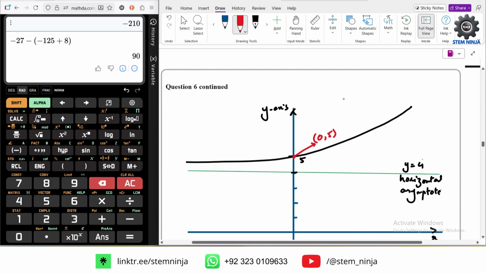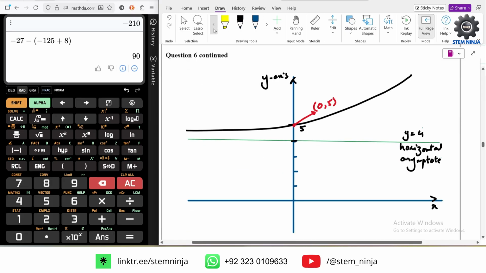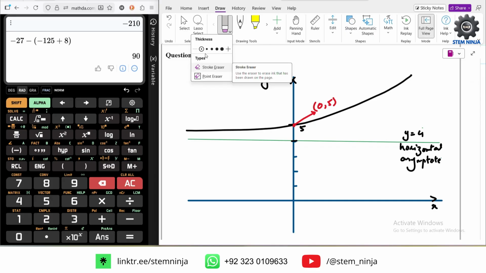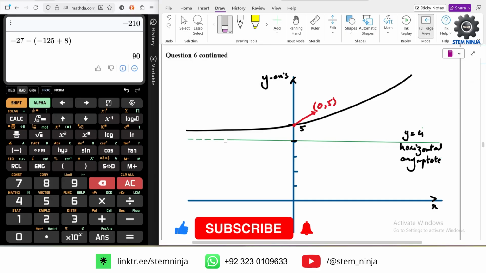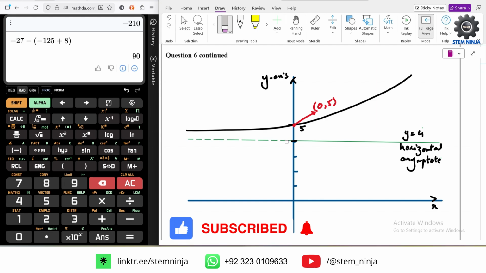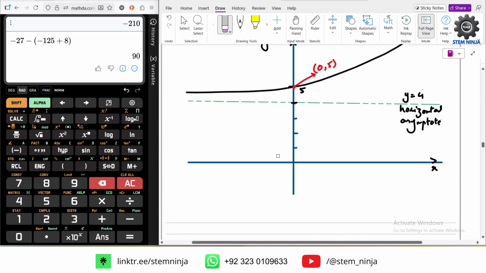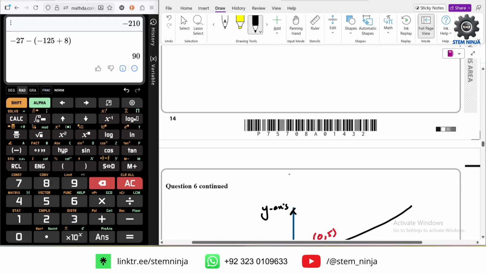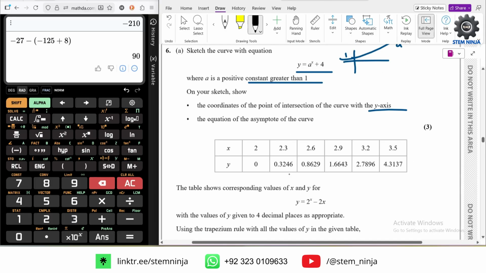Either way, that's up to your taste. And the asymptote line, let's make it into a dotted form. Right, okay. That's it. So that's our curve.